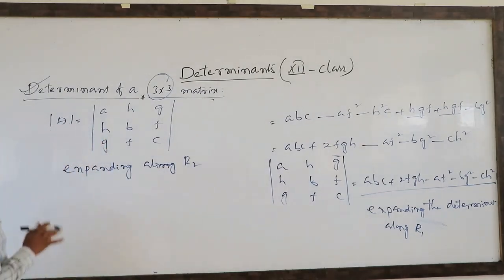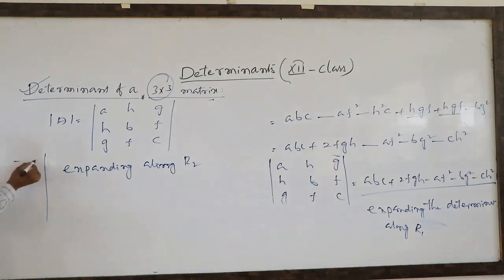So the symbols you always have to remember. I will tell you: plus, minus, plus. If you select the first row, those are the symbols you take. Second row means minus, plus, minus. Third row means start with plus, minus, plus. Suppose the first column, you choose plus, minus, plus.